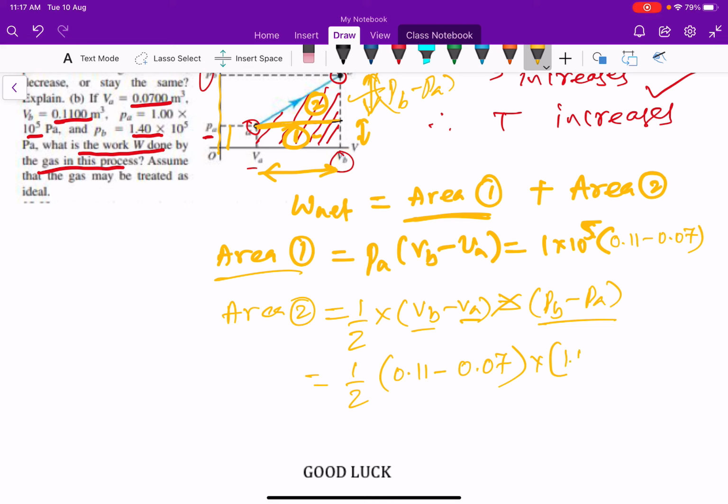That is half into (0.11 minus 0.07) into (PB minus PA), where PB is 1.4 into 10 to the power of 5 minus PA, which is 1 into 10 to the power of 5. By doing so, you will get the area for the second region. By adding the area in region 1 and the area in region 2, you will get the net work done.